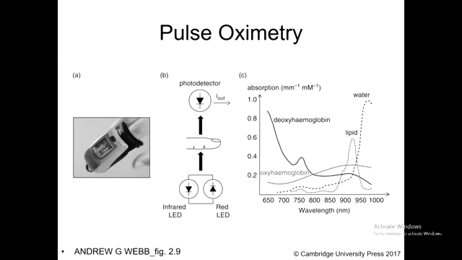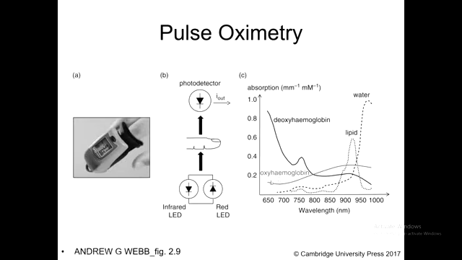But if we transmit over two different wavelengths, typically the red down at 760 or so, and infrared up at 900 or so, you might be able to pick up from here the difference between oxygenated blood, oxyhemoglobin, and deoxyhemoglobin.